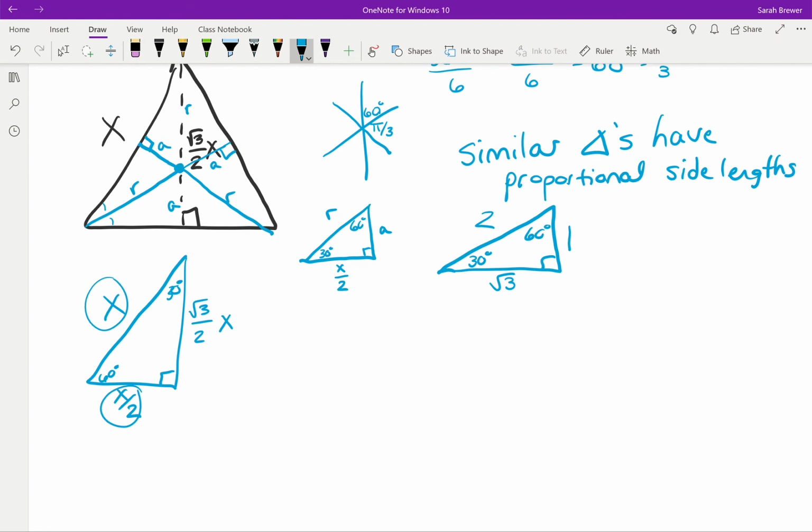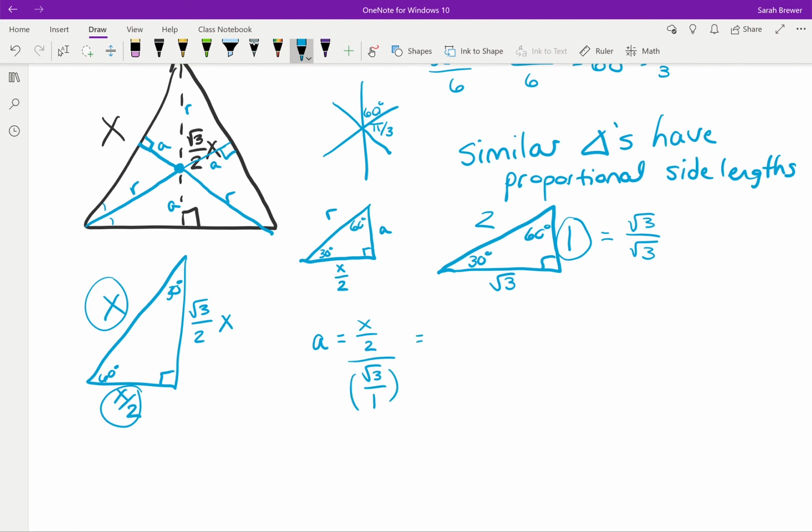So that would mean, if my side opposite my 60 is x over 2, I get to the side opposite the 30 by taking that root 3 and dividing by root 3. So that means that my apothem is going to be equal to x over 2 divided by root 3.